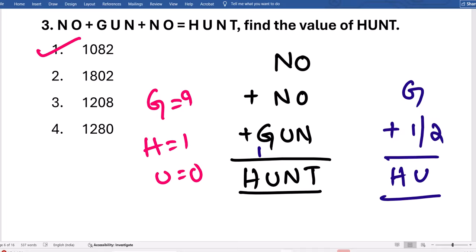When options are there, complete it in that phase. Don't waste your time. It's only about carry when you are adding 9 with 1 or 9 with 2, which is suitable, you have to decide. It cannot be 18, it cannot be 12, it should be 10 or 11.